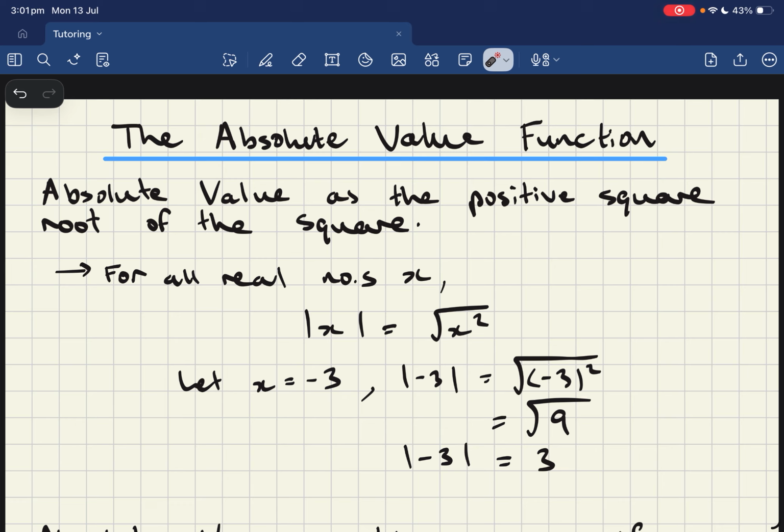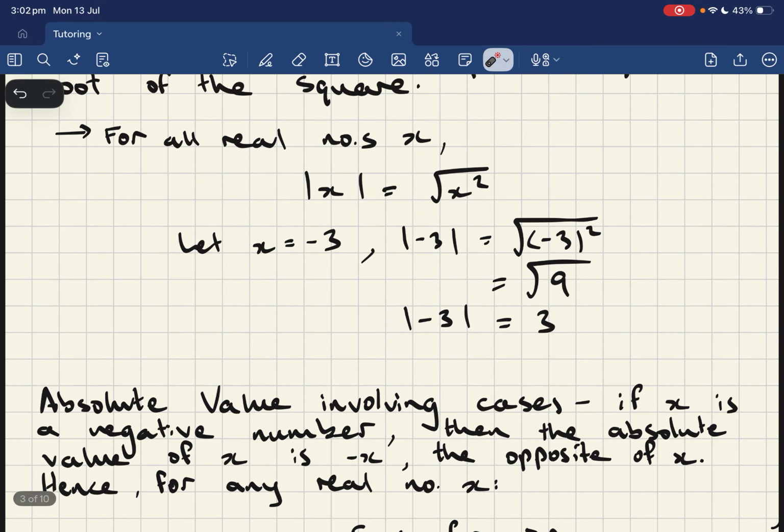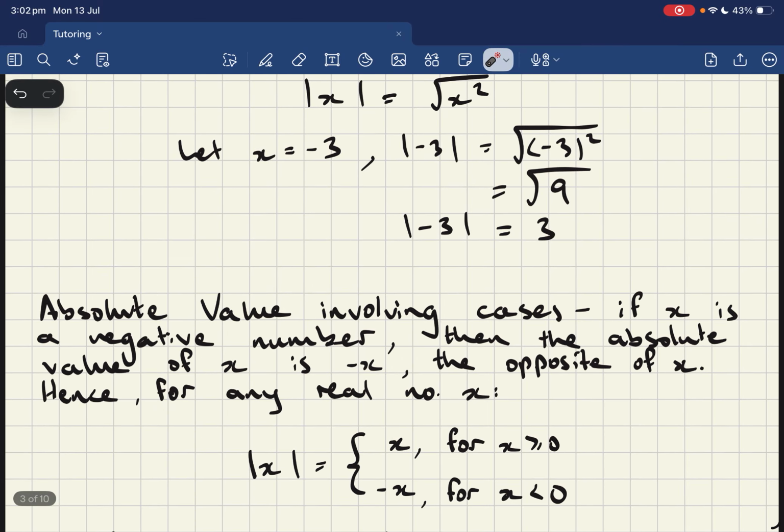Now, the next thing we're going to talk about is kind of a final definition for the absolute value, and it's going to be quite important when it comes to actually graphing the absolute value function. It is this idea of thinking of the absolute value for different cases. So if x is a negative number, we can say the absolute value of x is -x, which is the opposite of this positive case x.